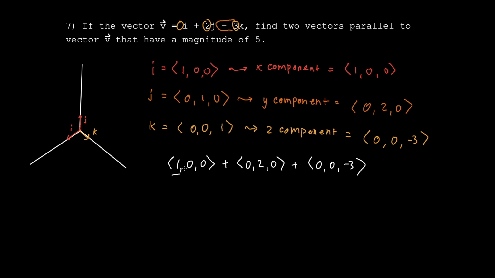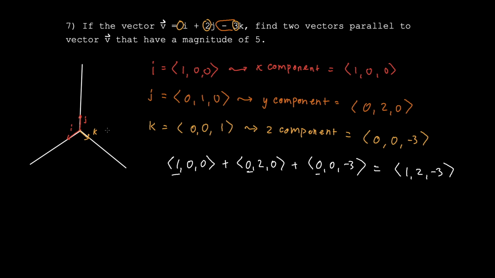Now we can add each of the components together to get 1, 2, -3. So by using IJK form, we can express the vector as a sum of the basis vectors combined, given that each of the basis vectors is multiplied by a specific coefficient.